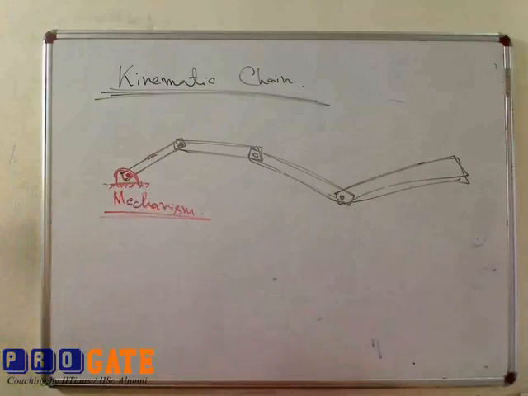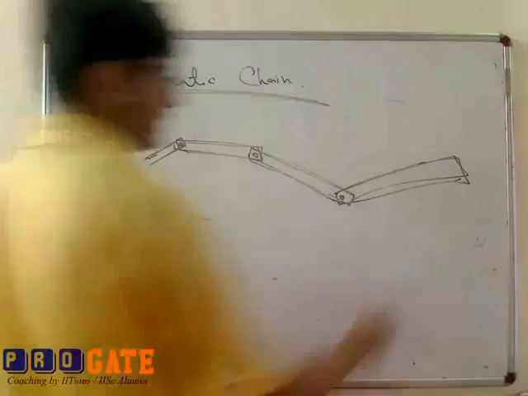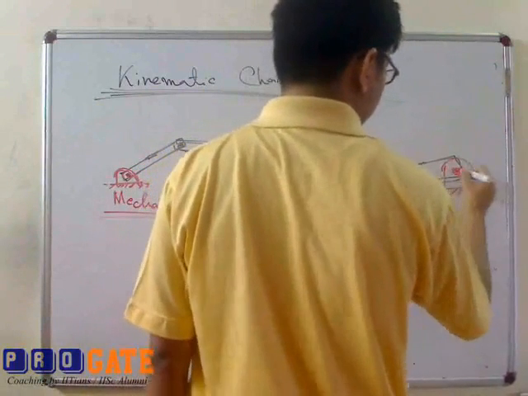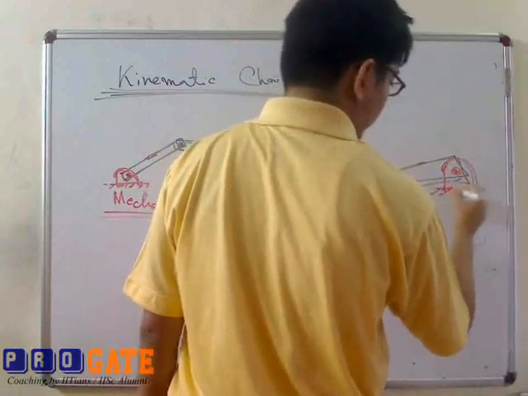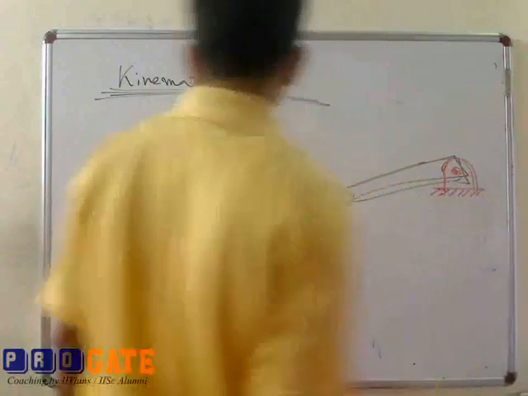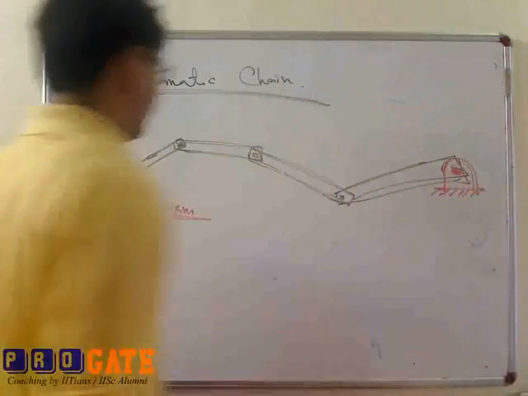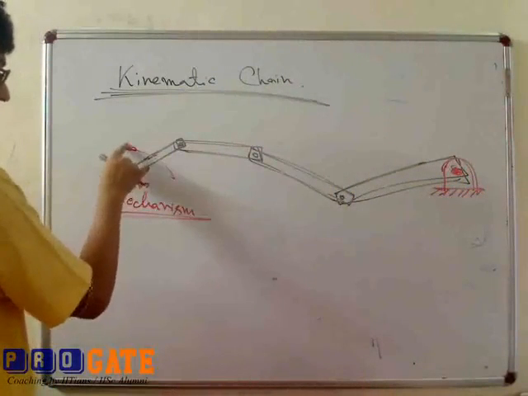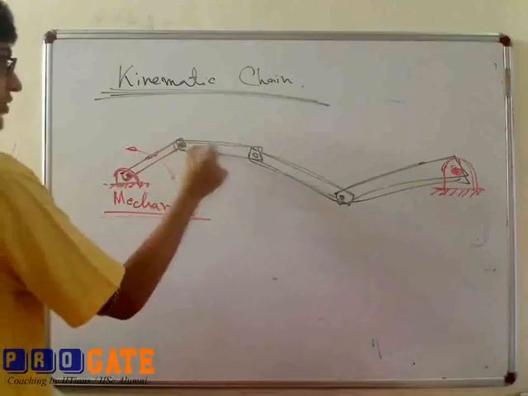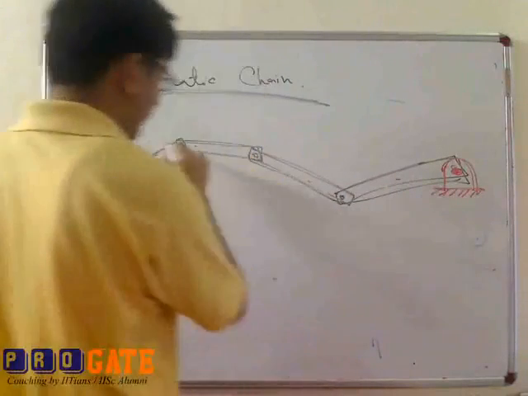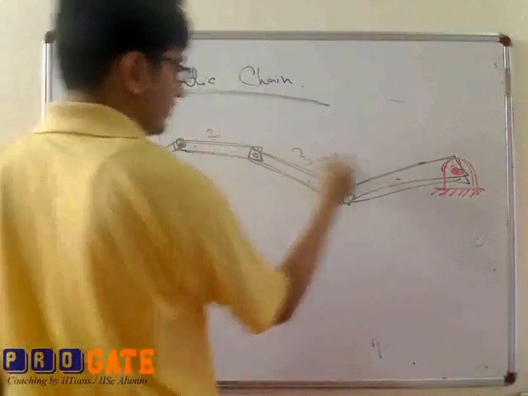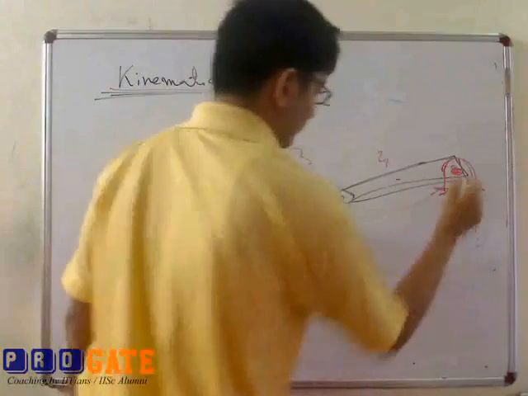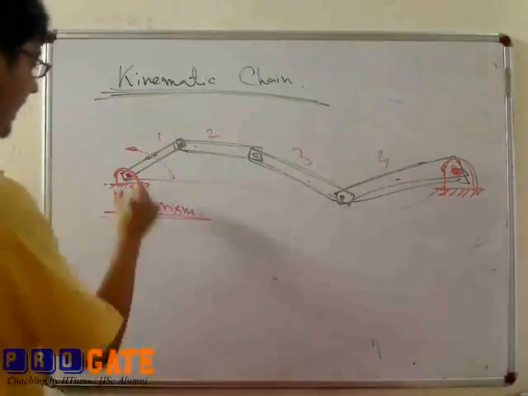So this becomes another kinematic pair, and here also you make a hole and join this plate to the ground by means of a pair. Then if you give any motion to this plate, this motion will transfer to links 1, 2, 3, 4, and the ground will also act as a link.